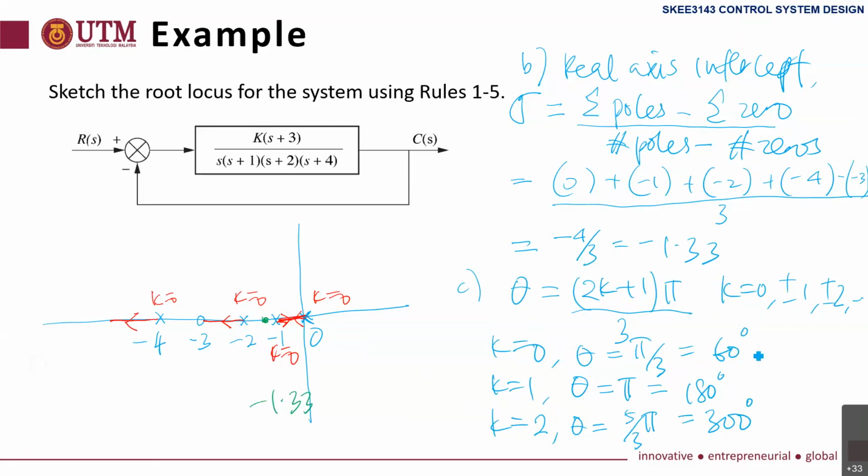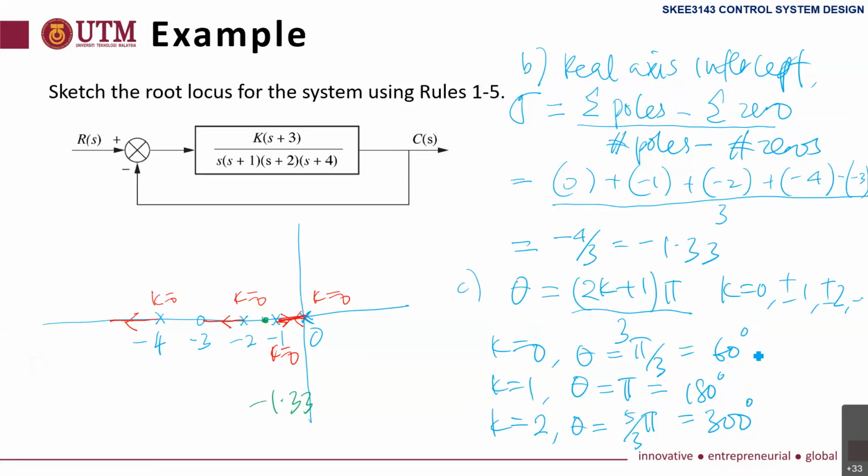And if you do it again, k equal to 3, k equal to 4, it will be the same, pointing in the same direction, the same degrees, because this adds another circle, 60 plus 360, plus 360.